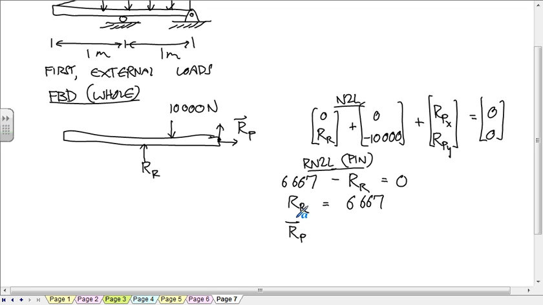So RR is equal to 6,667. And RP is equal to 0x, and then positive 3,333y.